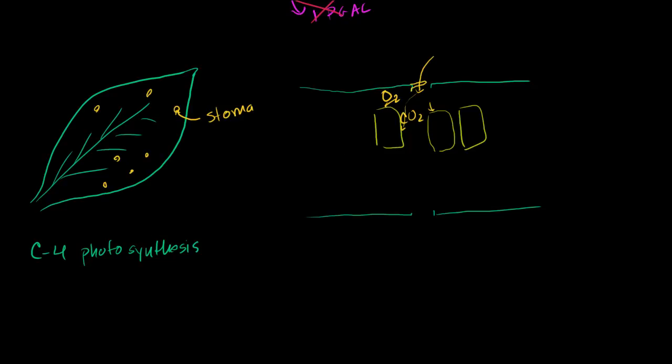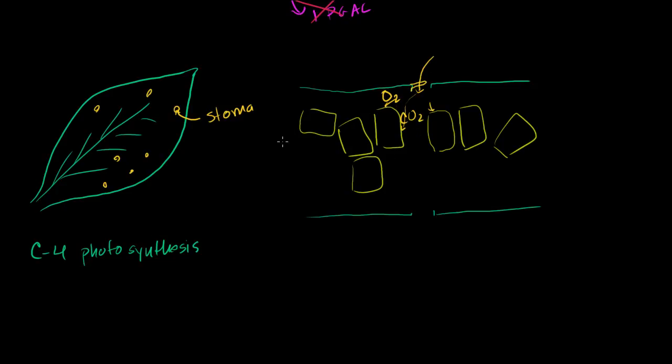And what they do, and this is the interesting thing, is you have all your mesophyll cells that are out here. They're getting air, they're getting carbon dioxide and they're getting oxygen and whatever else. But you also have cells that are deeper within, more embedded within the leaf, that aren't being exposed directly to the air coming through the stomata.